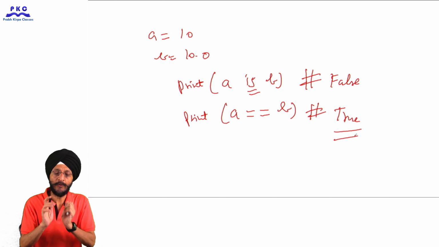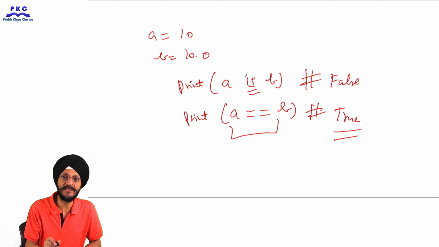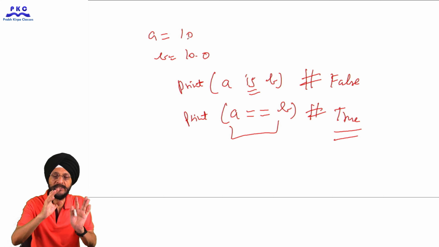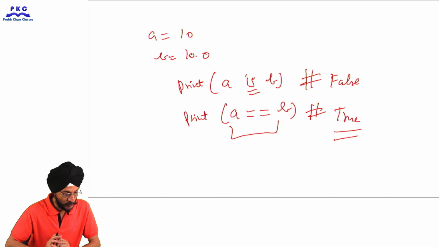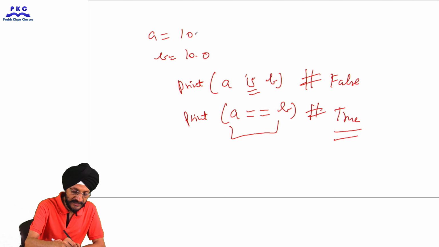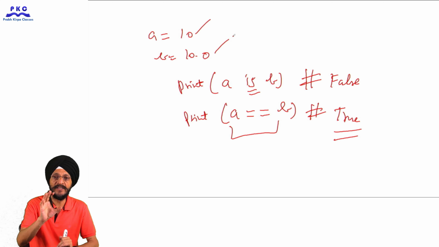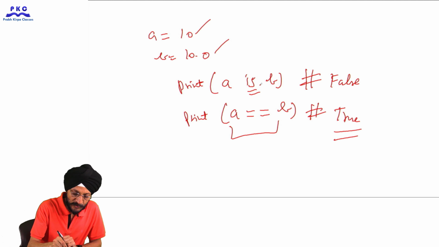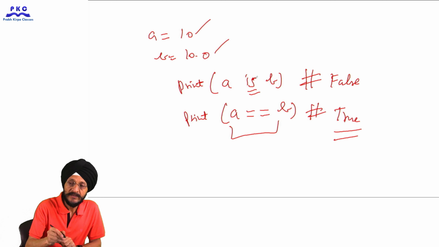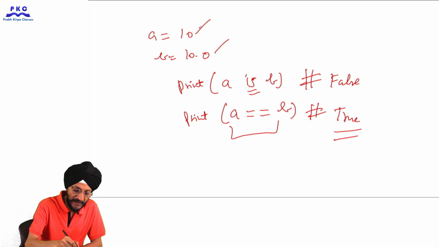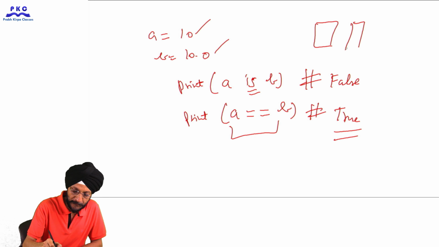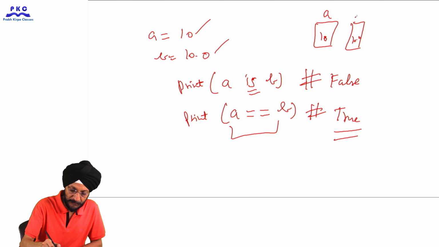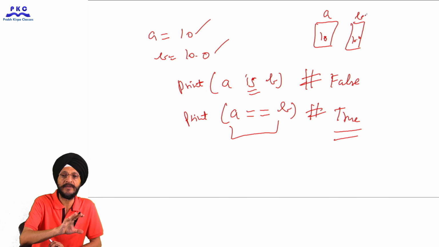Why? In case of the equality operator, it is only concerned with value. Here the value of both is the same, 10 and 10.0. The integer value and the floating value are considered equal in value by Python, so the result will be true. But in case of the is operator, different memory locations will be there. A will be stored at a different place, B will be stored at a different place in memory by the memory manager.